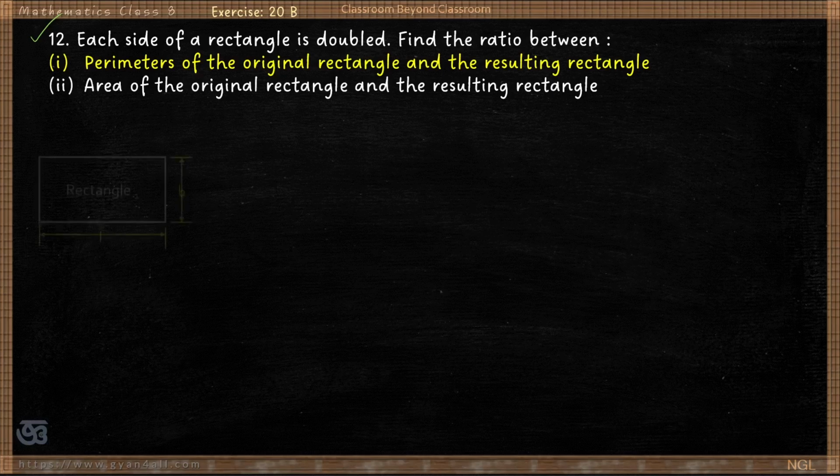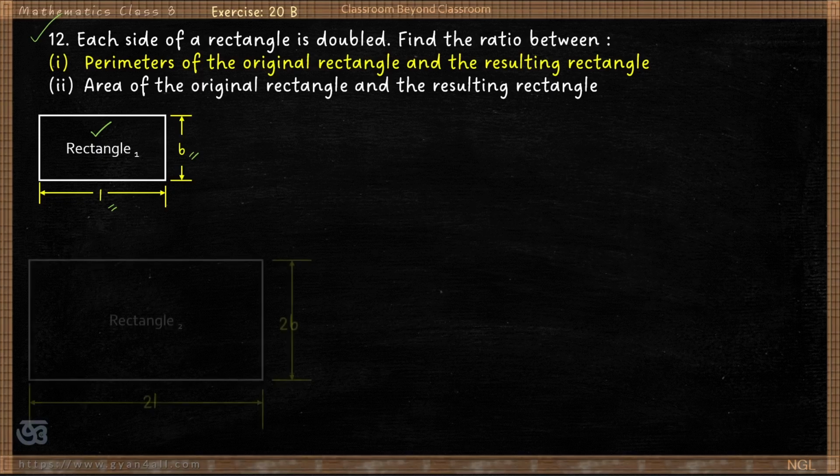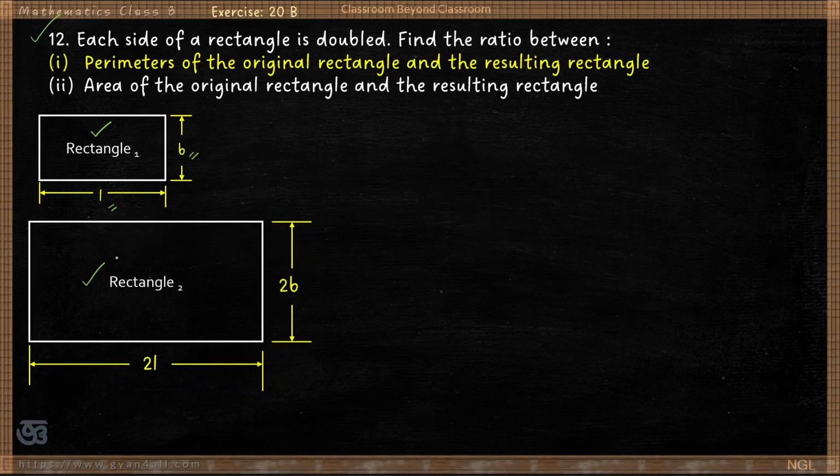So the first rectangle is, say, rectangle 1 with length L and breadth B. Now, if the sides of the rectangle are doubled, then after doubling the sides, we call this rectangle 2. Now length becomes twice L and breadth becomes twice B. So we can solve it like this.